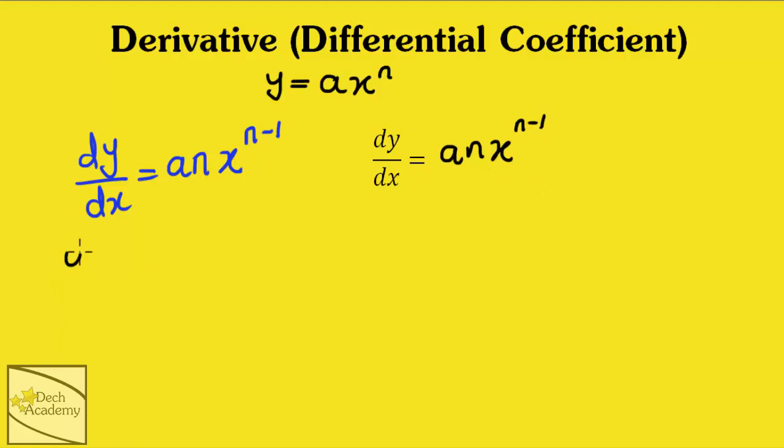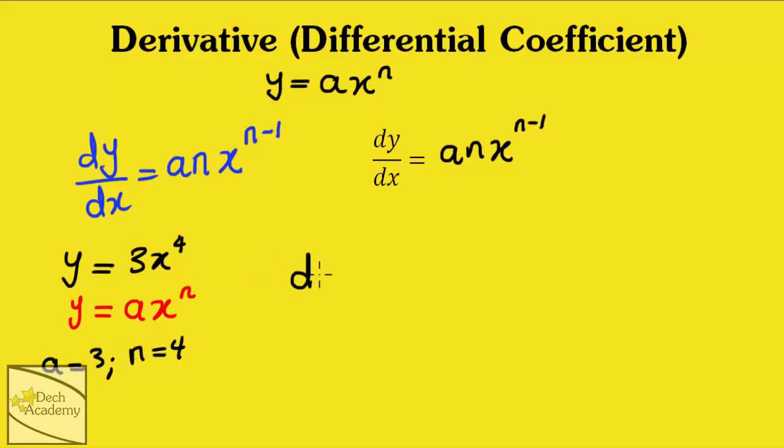For the function y equals 3x to the power of 4, you can see that this expression is of the form y equals ax to the n. As you can see, a is 3 and n, the power of the variable, is 4.